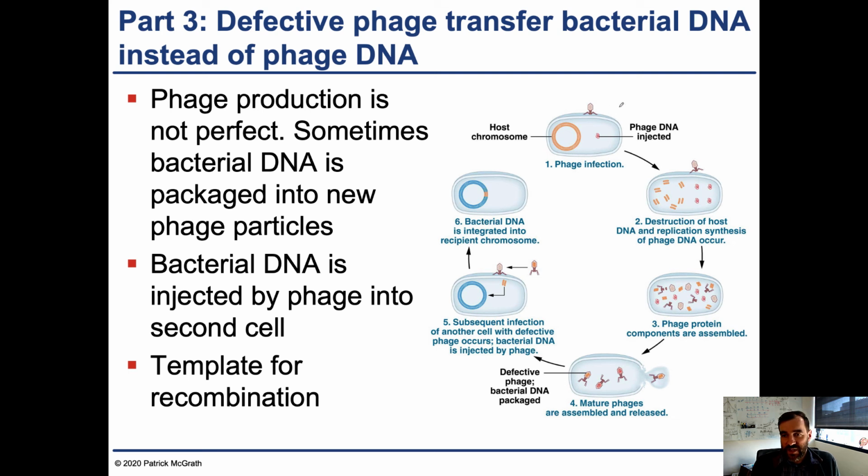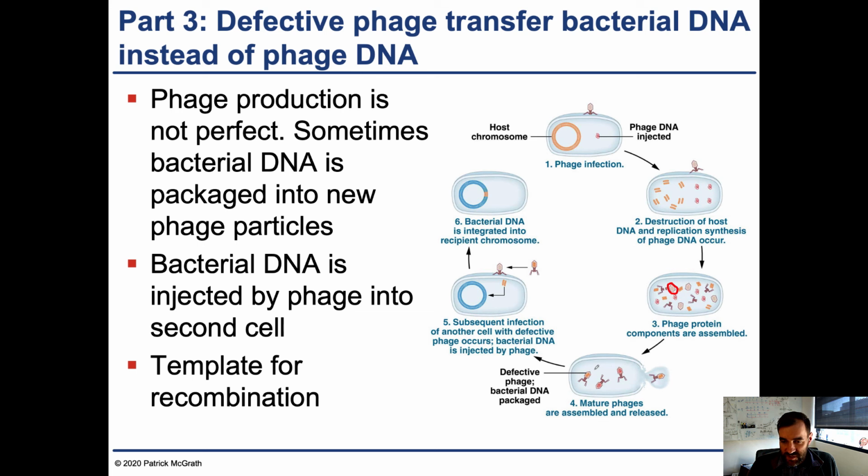So again, we see this life cycle of the phage. Phage DNA is injected, and the DNA is broken up into pieces. We replicate the phage DNA, we produce all of these viral proteins that assemble, and then the full phage particles are assembled together.